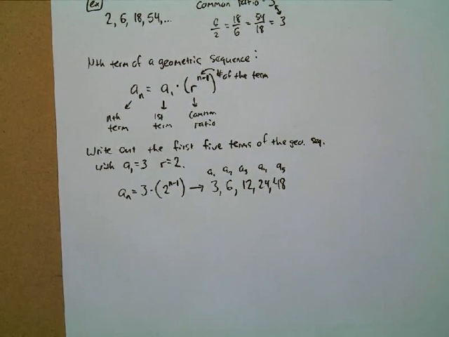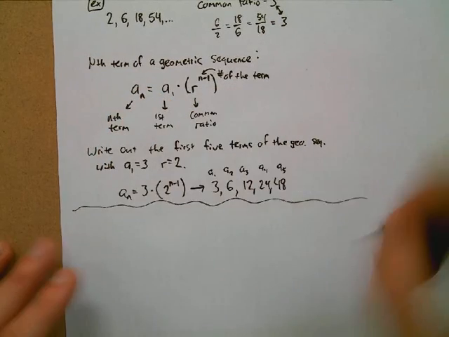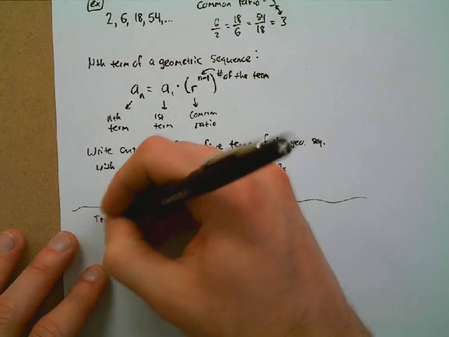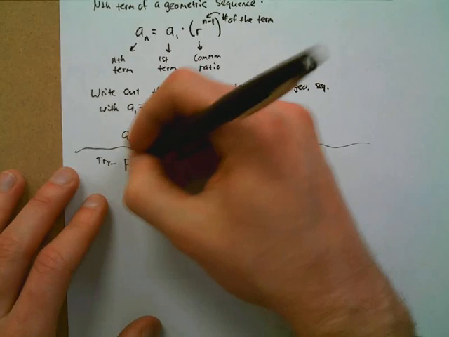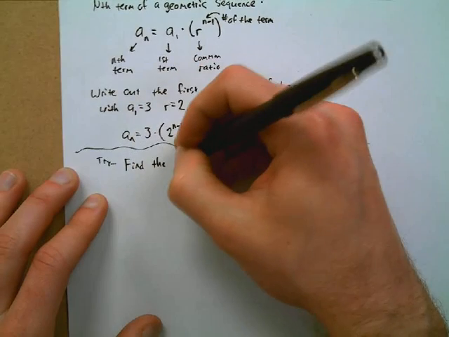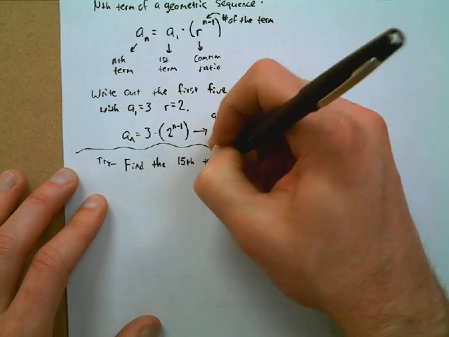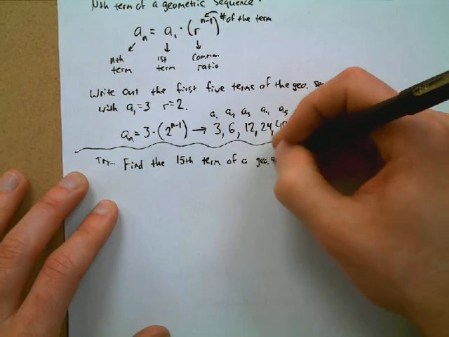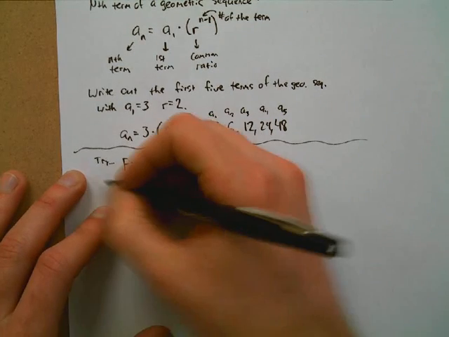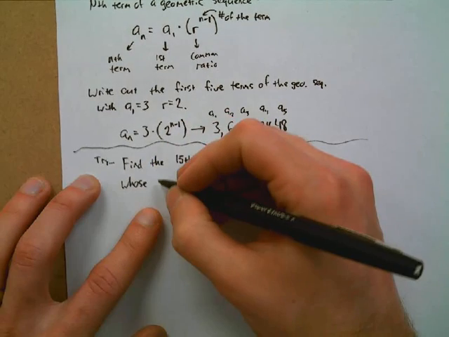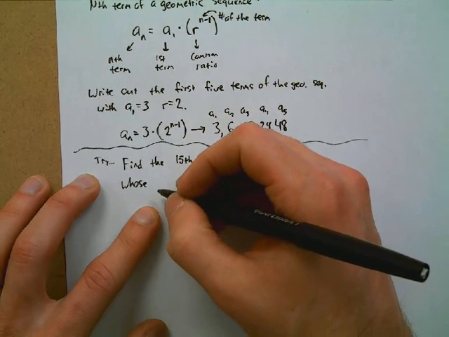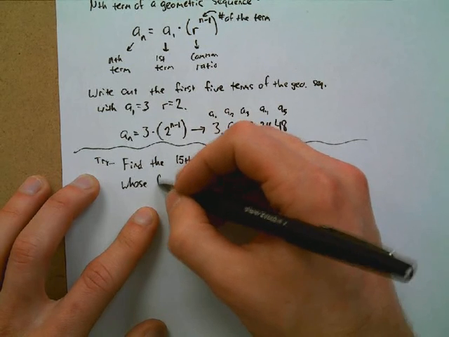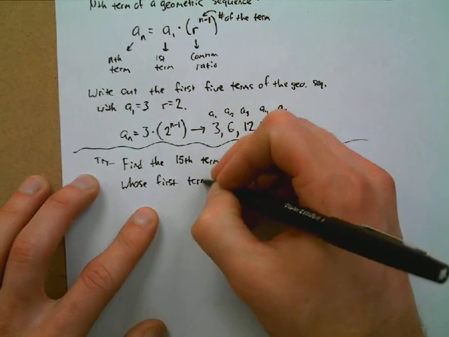Here's one for you guys to try real quick, and then we'll move on to the series. Find the 15th term of a geometric sequence whose first term is 20 and r equals 1.05. Okay.